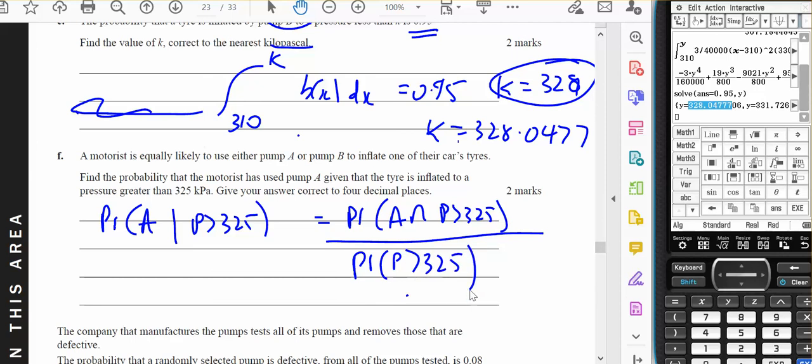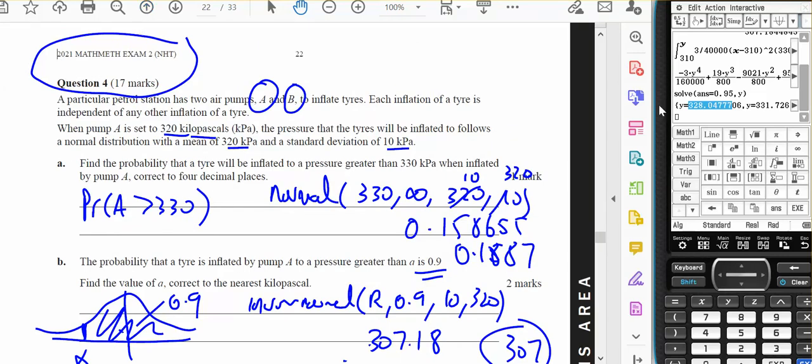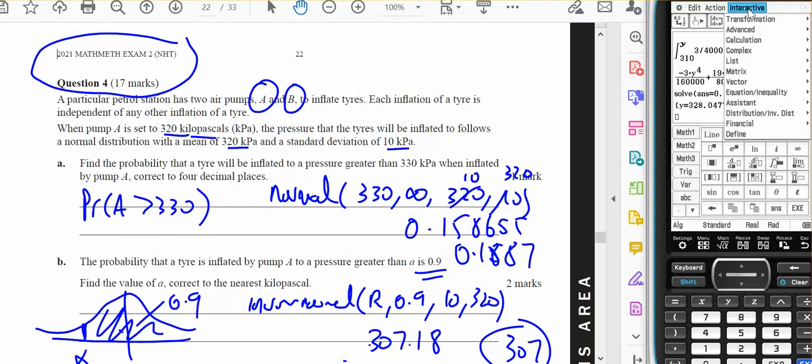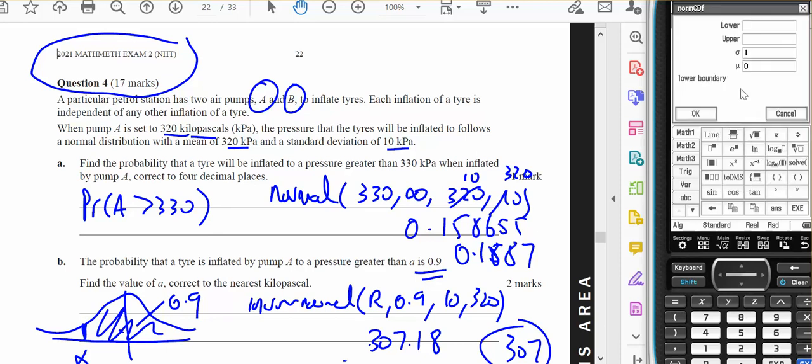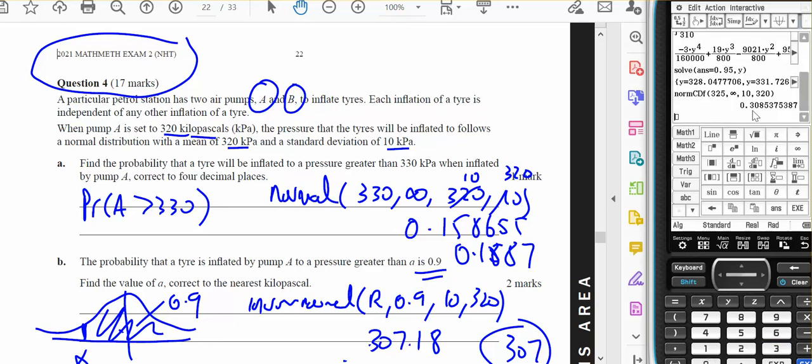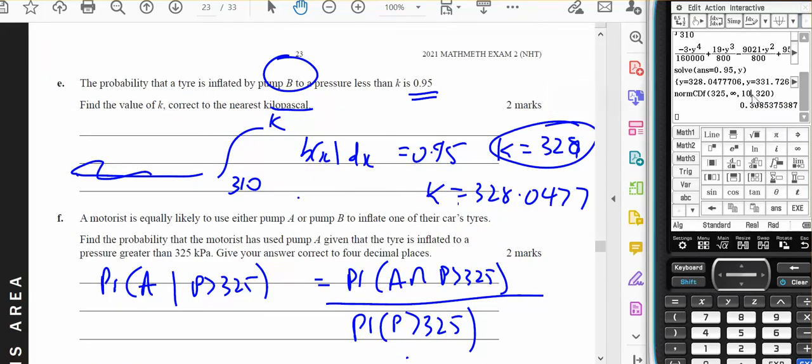So I need, for A, the pressure to be greater than 325. So interactive distribution, continuous normal, for 325 up to infinity, where 10 and 320, so the probability is 0. Keep on getting these around the wrong way, don't I?